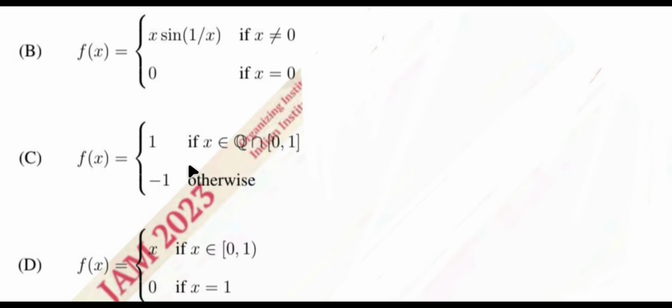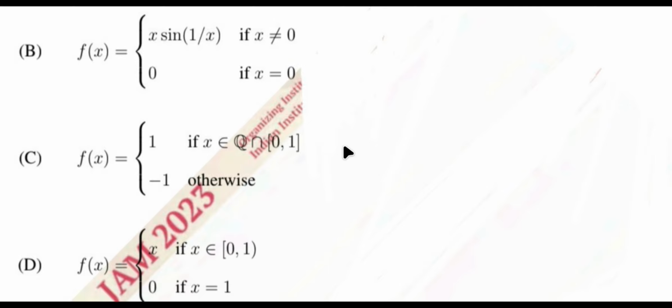If you see option C, it says that this is our interval for the function f(x), 0 to 1, and if you take the rational values, then the value of the function is 1, and when you get values other than rational values, then its value is minus 1. So this function is discontinuous at every point.